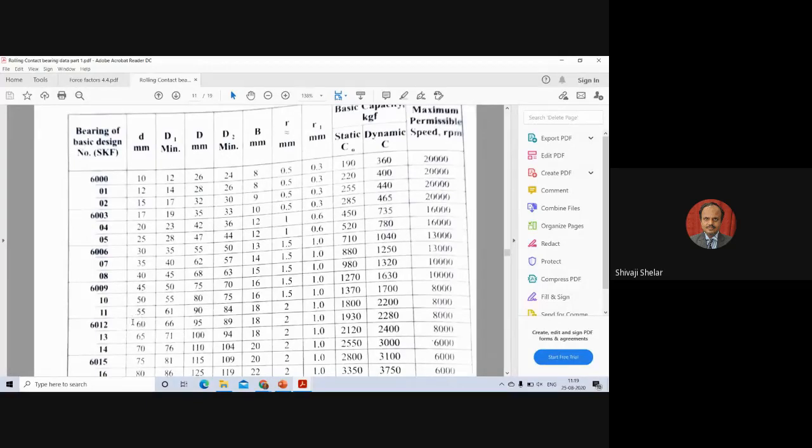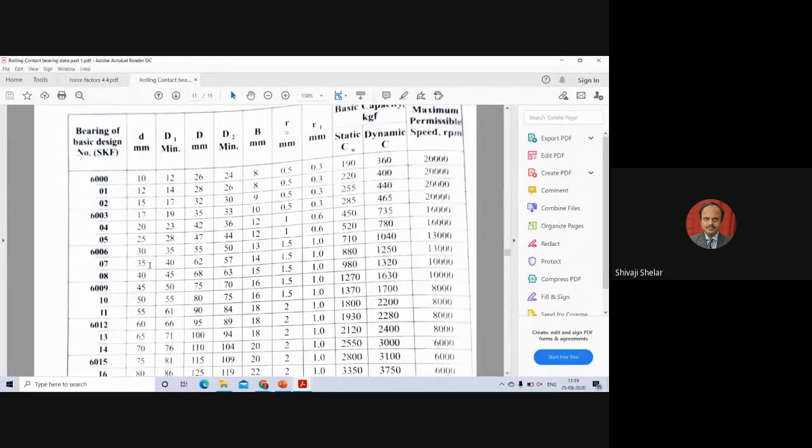So we have basically looked for the bore diameter, and it may happen that your shaft diameter is, say, 32 mm. Now you may have a choice to select a 30 mm diameter here.